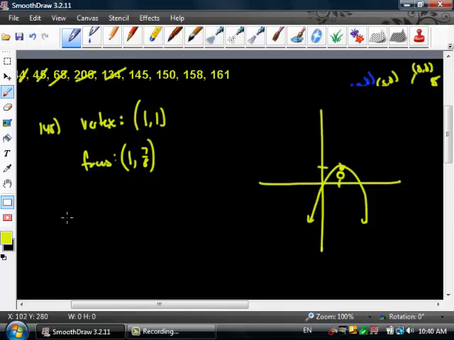Which means that this is a y equals parabola, and it's going to be negative because it's facing down. I have no idea what a is, but I know what my vertex is. It's going to be x minus 1 squared plus 1. Right, and the 1's came from the vertex. I know that it's a y equals because it's downward facing, and I know that it is negative because it's downward facing.